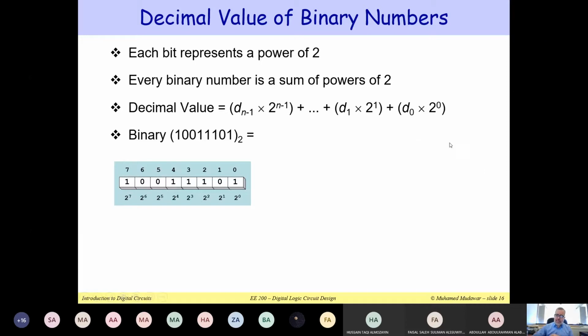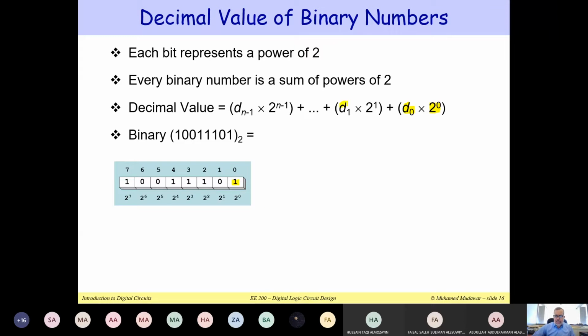So for example, D0 here means digit 0 or bit 0, and it's multiplied by 2 to the power 0. So let me use my highlighter here. When I say digit 0, D0, that will be bit 0, at position 0. In this example, D0 is equal to 1. This is multiplied by 2 to the power 0. 2 to the power 0 is simply equal to 1.